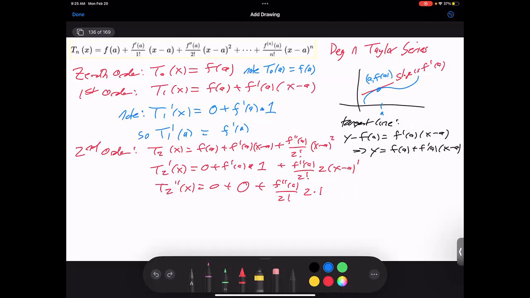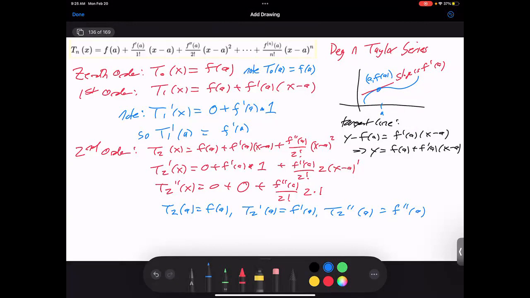And now note T2 of a is f of a. T2 prime of a is f prime of a. And T2 double prime of a is going to be f double prime of a over 2 factorial times 2 factorial. That's just f double prime of a. And you can keep going.